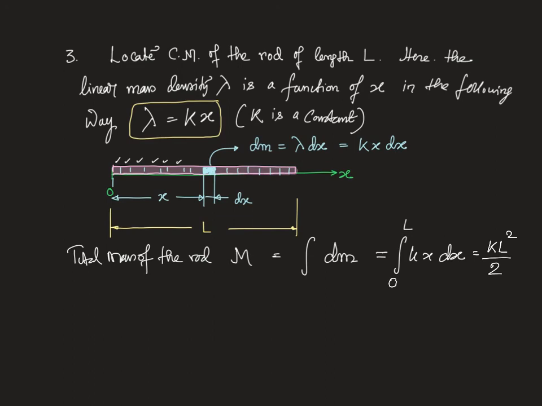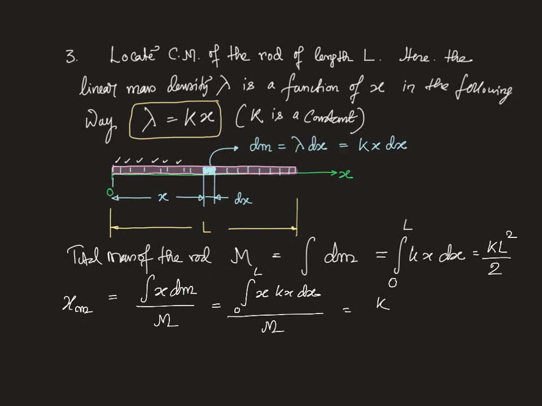Now this xcm is equal to integration of x dm divided by total mass. So integration of x dm means kx square dx, again x will vary from 0 to L, divided by M. So there k will come outside.